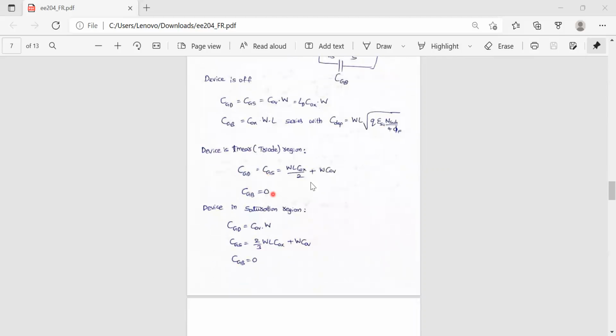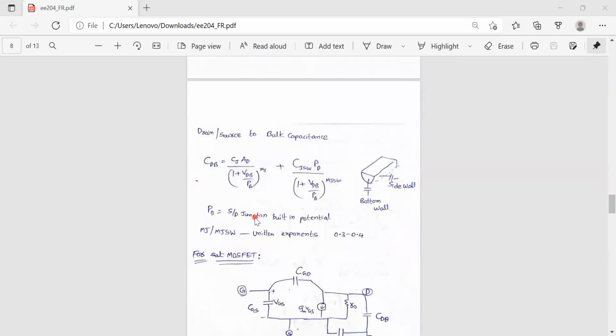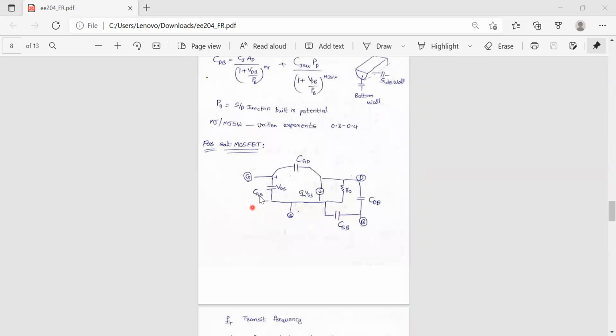For triode region, we will get CGB as 0, and for CGD, we will get this. For saturation region, we can find it. Drain to source capacitance can be found using this formula.